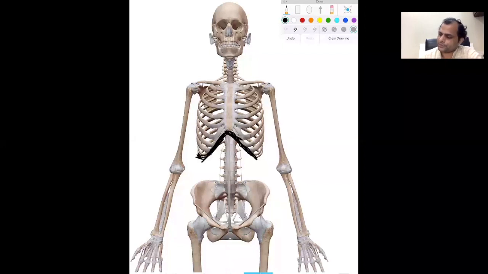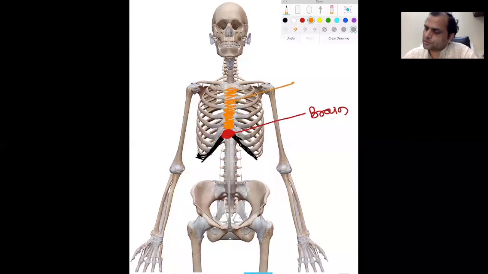So first, we'll make our brain point. This is the brain point, just below this chest bone. The name of this bone is chest bone or sternum bone.